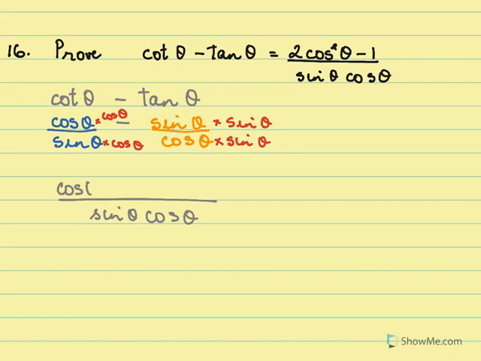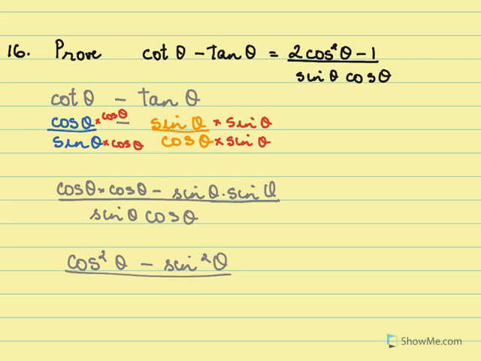So we have now cos theta into cos theta minus sine theta into sine theta. So this is now cos square theta minus sine square theta over sine theta cos theta.